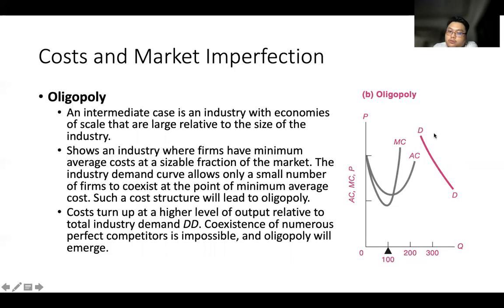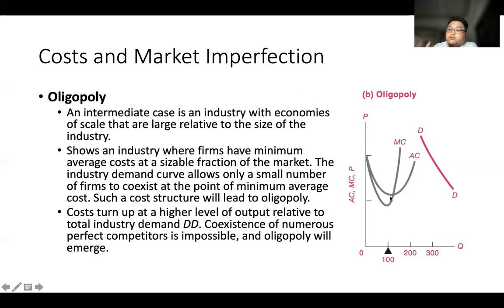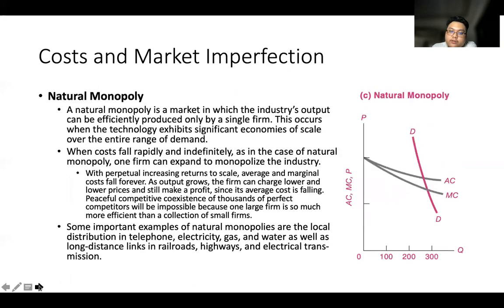The industry demand curve allows only a small number of firms to coexist, because the minimum average cost is already huge at this point. So costs turn up at a higher level of output relative to the total industry demand, and coexistence of numerous perfect competitors is impossible, and oligopoly emerges. Average minimum cost is already achieved at a few level of production, as compared to this at 100, which is huge already.